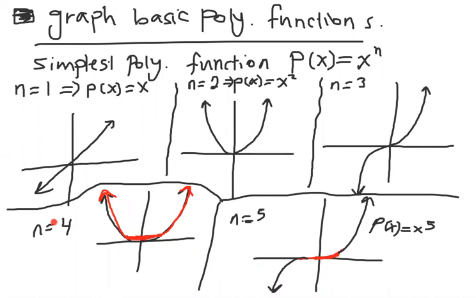And also x to the 6 will be the same, x to the 8 the same. So all the even powers are the same, like a cup. And for n equals 3, all the odd powers look like that. But the difference is that around the origin (0, 0), it's flatter, I mean more open. Look here, this is the difference.